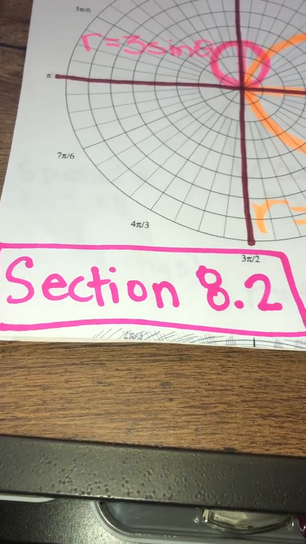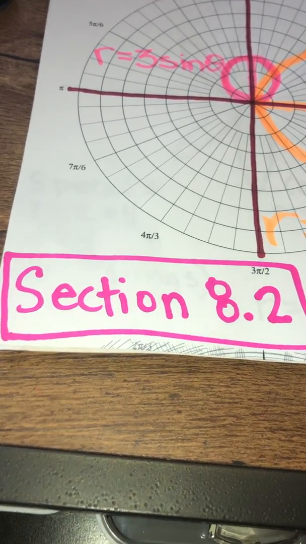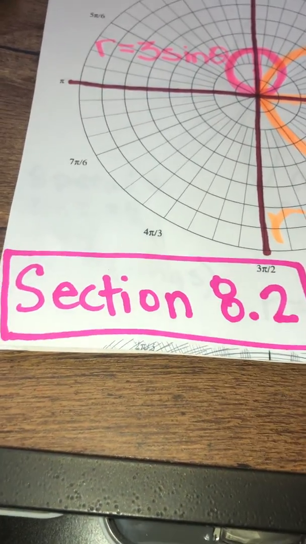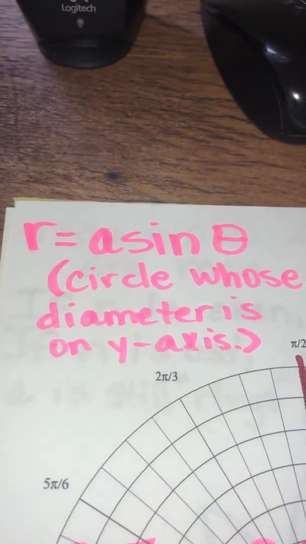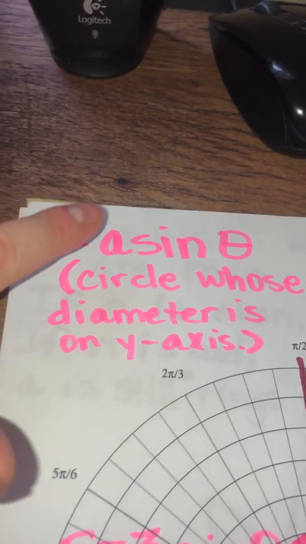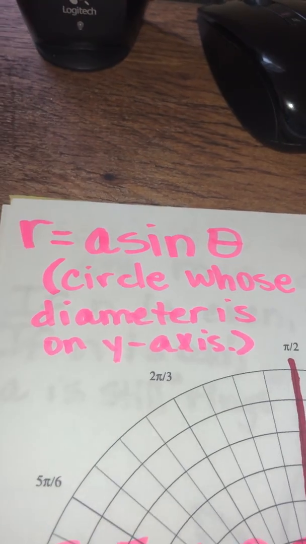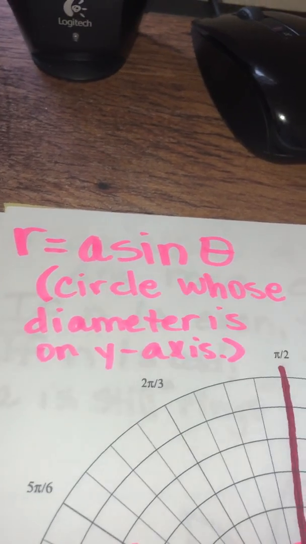Okay, so section 8.2 is about graphing polar equations and what they look like. First, if you have r equals a sine theta, where a is a number, then that's a circle whose diameter is on the y-axis.